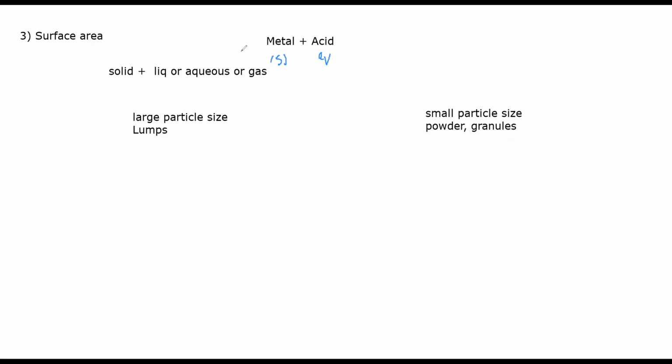If we have a lump, for example 2 grams of metal, and acid is there in excess, meaning more than enough for a reaction. Here also we have 2 grams of metal, and acid is there in excess, meaning more than enough for a complete reaction.